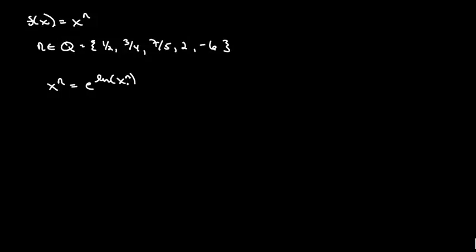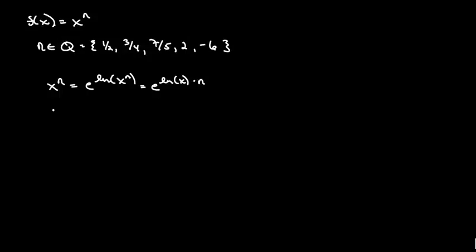So now we're going to use our rules of natural logs, and we're going to go ahead and say that this is e to the natural log of x times the variable n. Okay, nothing wrong with that so far. Now this holds as long as x is greater than 0, and n can be any number it wants to be.